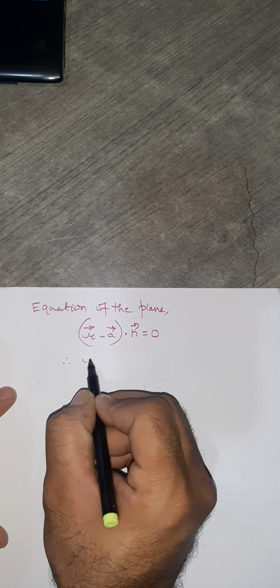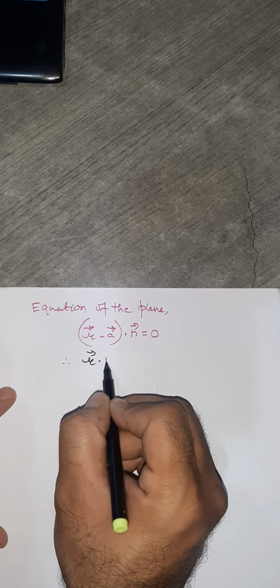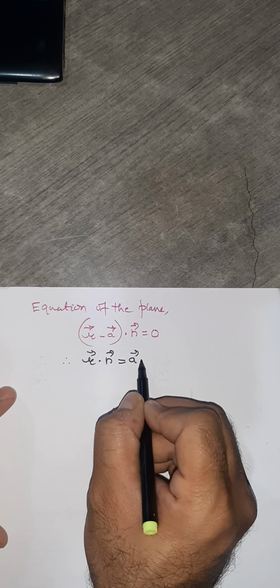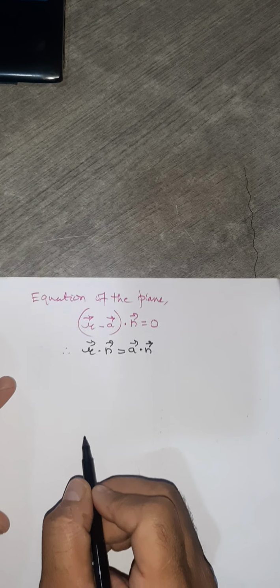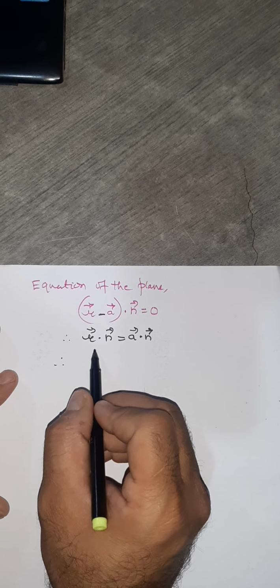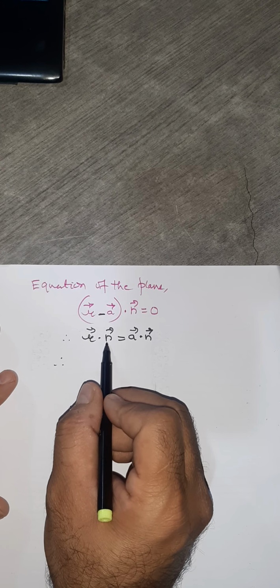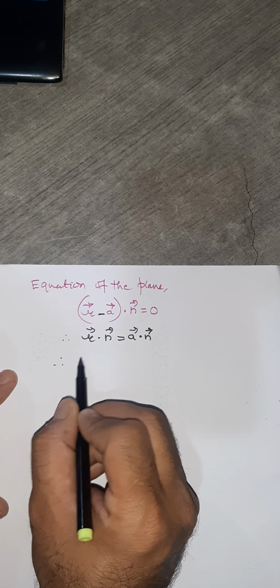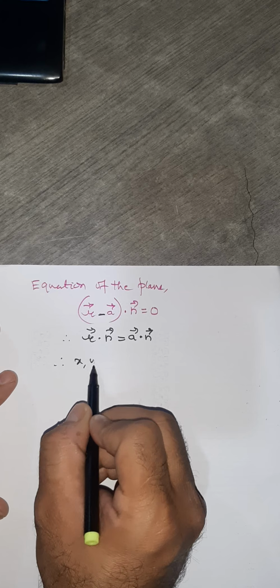You can write it directly like this: r dot n equals vector a dot n. I have just opened the bracket. What is r dot n? r means x, y, z, and normal you know. So if I use the dot product, what will we get here? Or let me write one more step, no problem.